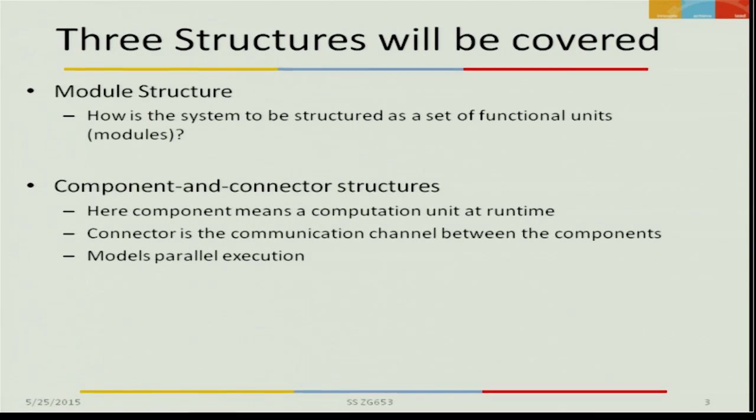Then the second structure is called the component and connector structure, and this particular structure is meant for describing the system when it runs, so a runtime view can be created using component and connector structures. Here a component means a computation unit at runtime, and a connector means the communication channel between the components, and it can model parallel execution.